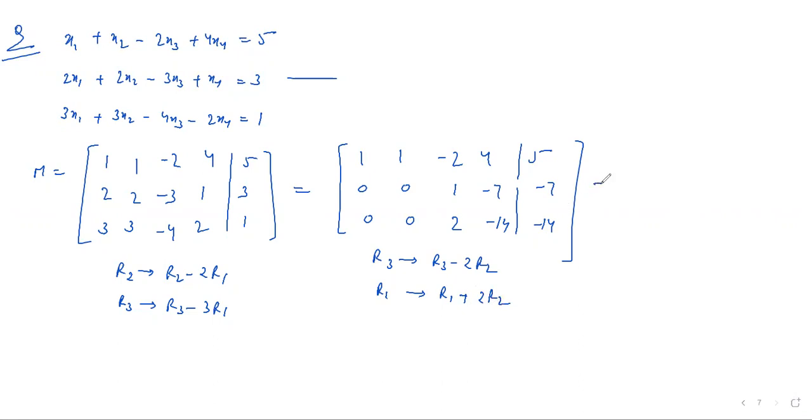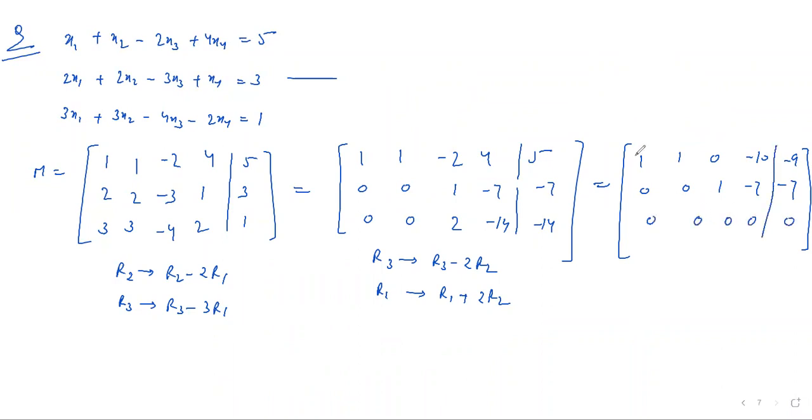After these operations we will get 1 1, and this will be 1 minus 2 plus 2, this will be 0, and 4 minus 7, and this is minus 10, this is minus 9. R2 will remain the same, that is 0 0 1 minus 7 minus 7, and the last one is 0 0 0 0 0.